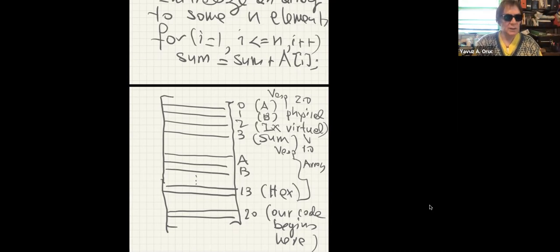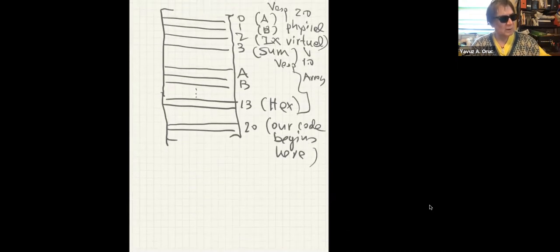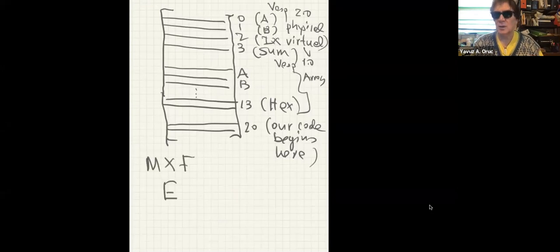So in this instruction, which we call MXF, it begins with an E, that's the hexadecimal code, and then we write some number, for example, 003. That means move whatever IX points to, move that operand in memory into a location that happens to be 3 in this case. And if you notice, that's our sum location.